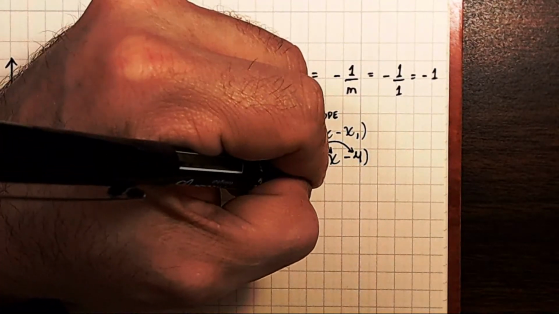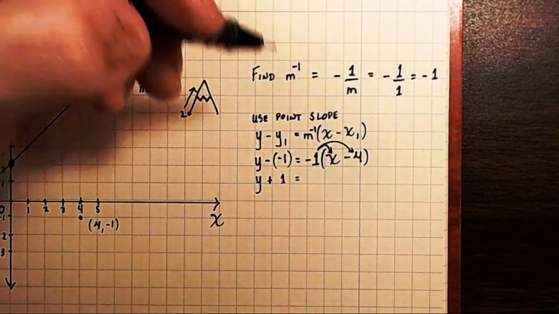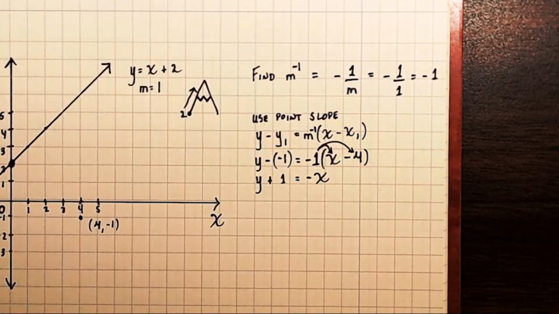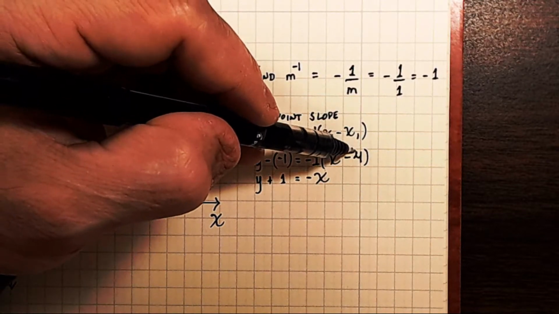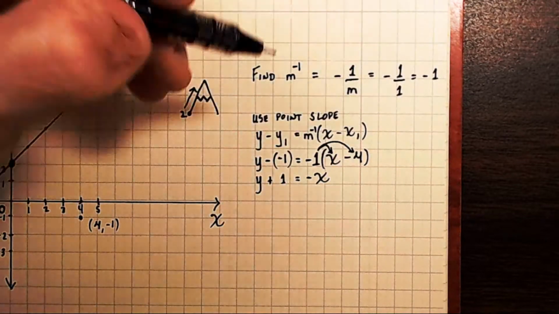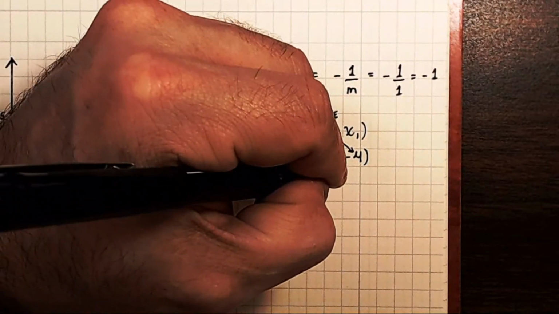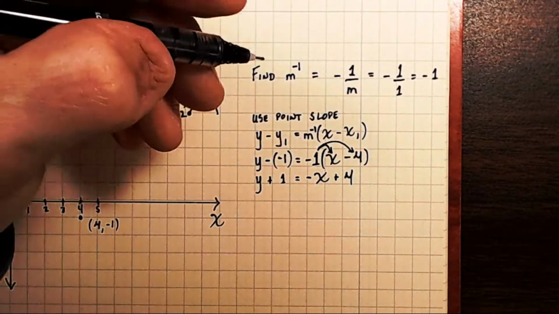I have -1x, which we can just write as -x. And then -1 multiplied by -4 gives a positive number. Negative times a negative is a positive. So plus 4.